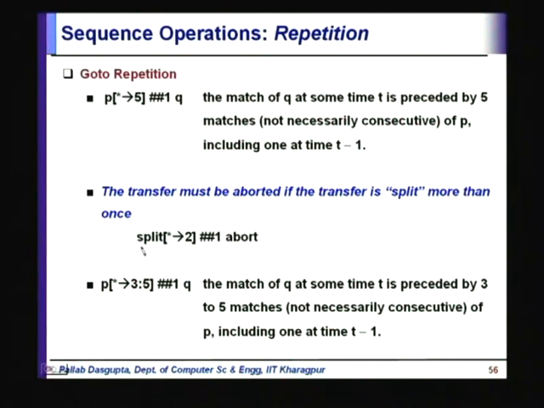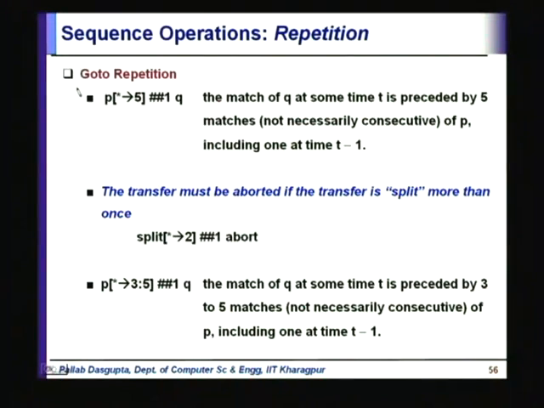Now, you may say that if the split happens more than once, then we will abort the transfer, right. That means, if we write it like this, split with 2 go to repetitions followed by abort, this means that as soon as you have 2 splits, which may not be consecutive, during the whole transfer, then immediately abort the transfer, right.